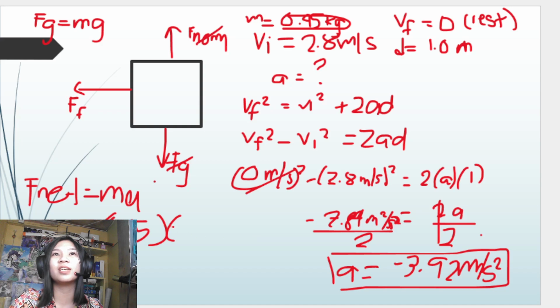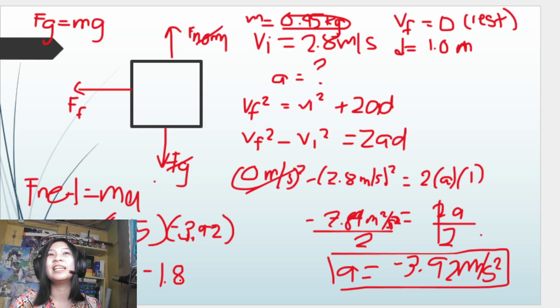Then we have the acceleration, which is negative 3.9, or 3.92. So your Fnet is actually negative 1.8. So what does negative 1.8 mean? Some of you may be confused because the answer is negative.